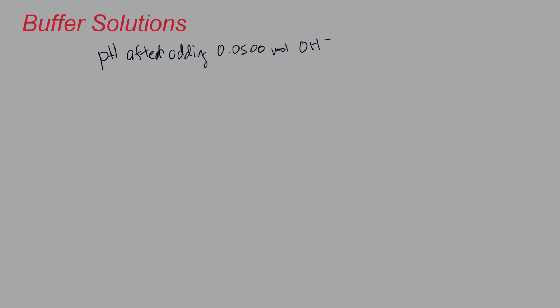Now the important thing is to remember that this type of problem is actually two steps. One is the stoichiometry of the strong base weak acid reaction, and then the other one is an equilibrium problem. So we kind of need to tackle these one at a time.